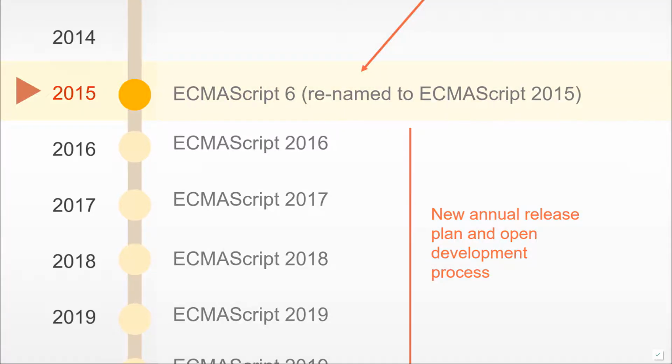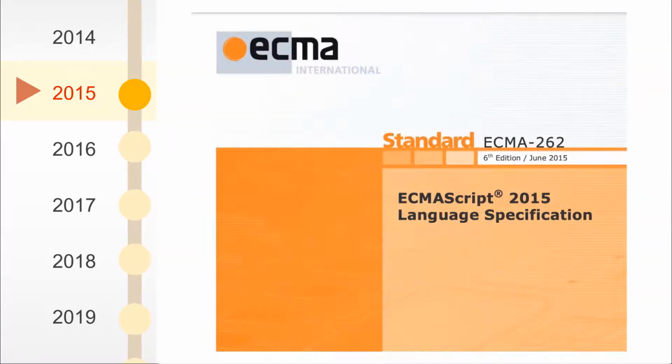The new version of the specification was accepted in 2015. As with all things JavaScript, names abound. This version of the specification is commonly known as ECMAScript 6 or ES6 or alternatively as ECMAScript 2015. The new naming scheme of ECMAScript followed by the year of publication has in fact been adopted since, with all new versions following this format.